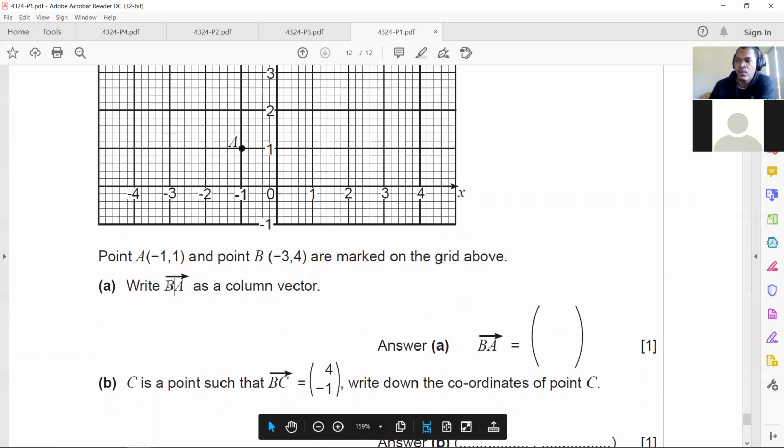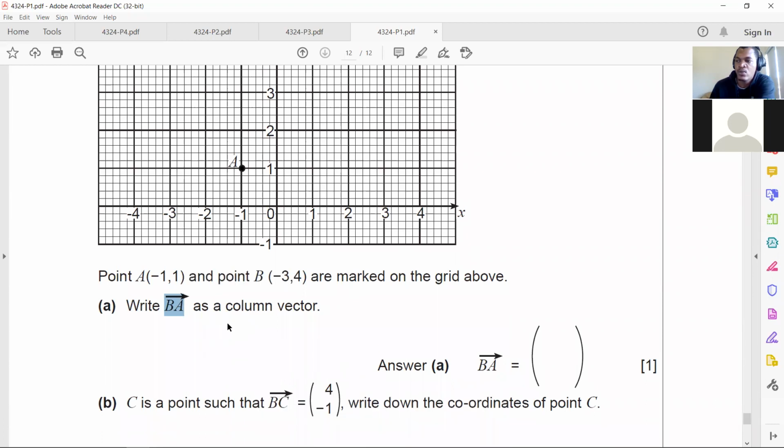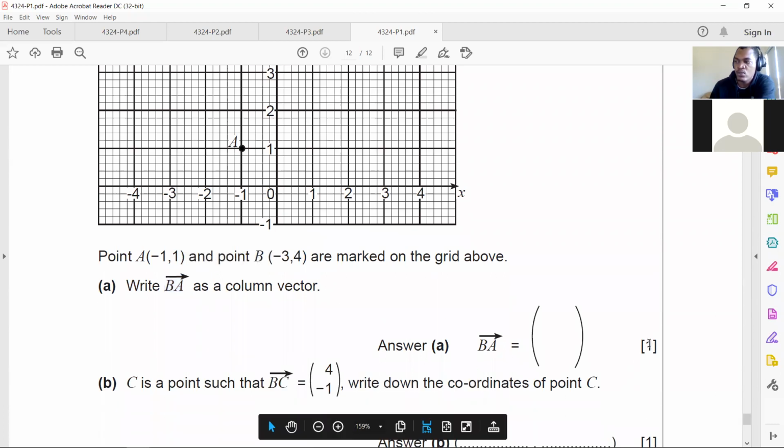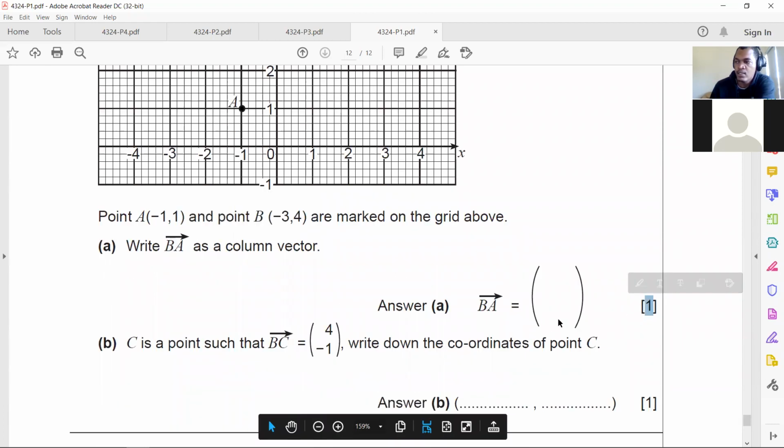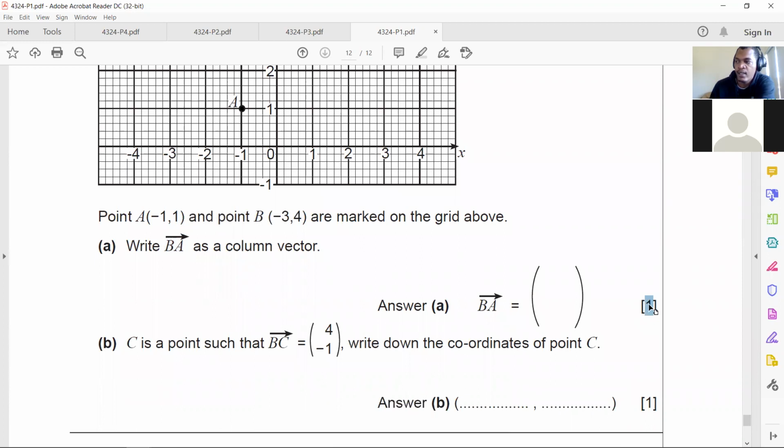And also in this form over here, it is asking us to write the whole thing as a column vector. So what we can do as examiners is increase the marks to 3 and then say, show all your working, okay? And I think that will be something very common you can expect this time around in the examinations.